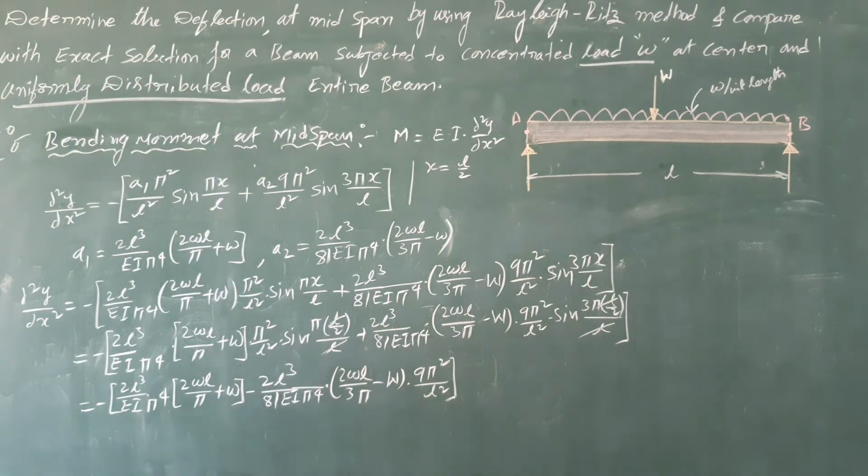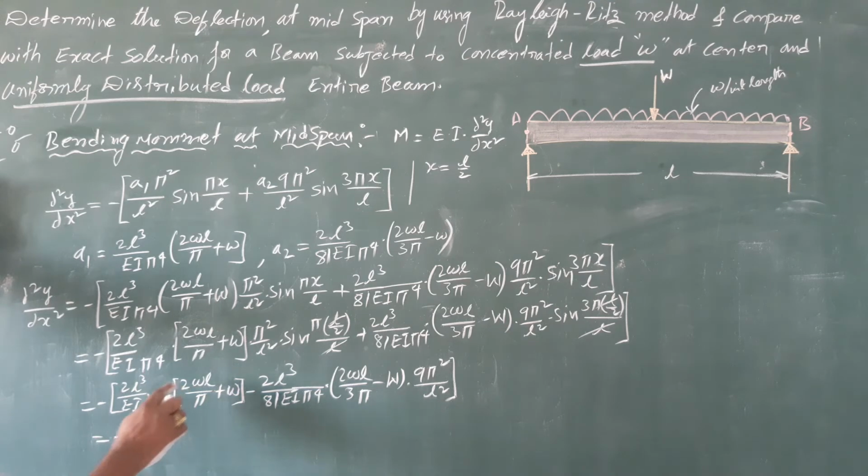So now split it, the entire equation. So first split the entire equation. Minus of 2 into 2, 4 L into L cube, L power 4 into W, whole by EI pi into pi power 5.